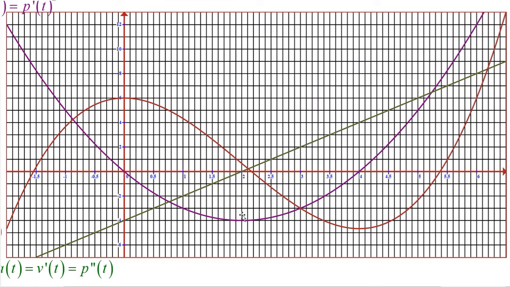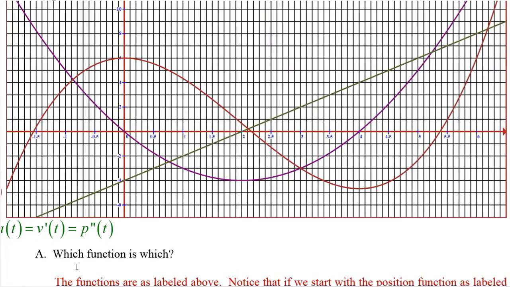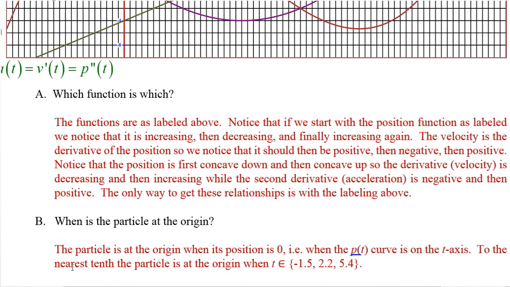In this case, it's a local minimum. And that will be right there at x equals 2, where the original function has an inflection point. And then it switches from concave down to the left, and to the right of that inflection point, the original function is concave up, which means the derivative is increasing and the second derivative is positive. So all those things kind of go together, so that should tell us which is which.